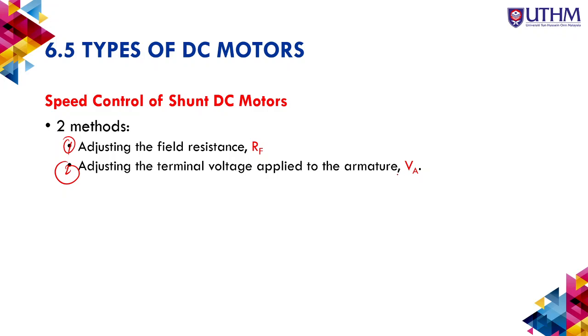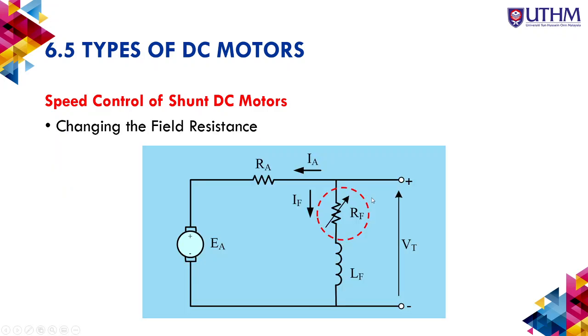Just now we didn't see where Va is, so later on I will show you. So this is the shunt DC motor equivalent circuit. You can see over here there is an Rf, and the others are the same.